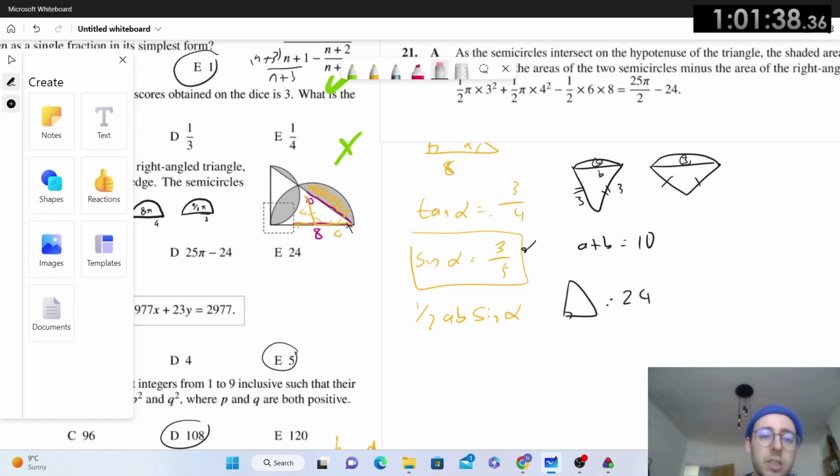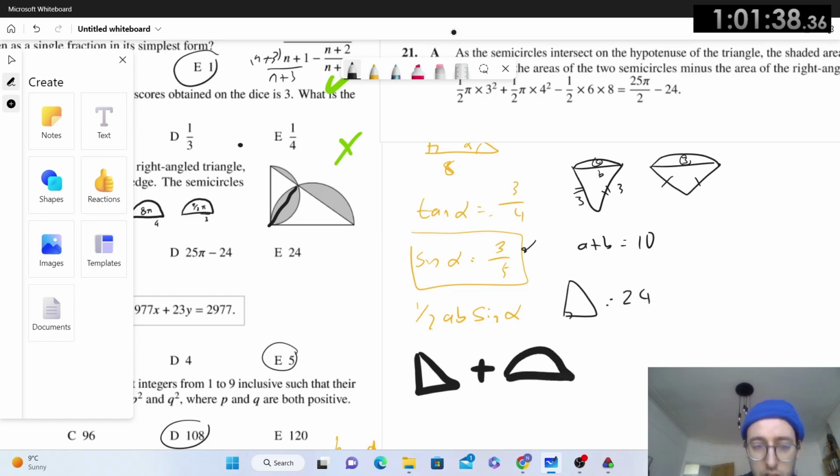Oh my word. Okay. If I look at this again, now this one took me... Okay, let's look at this. If I split this into sections, I've got the right angle triangle, plus the semicircle, plus the semicircle.